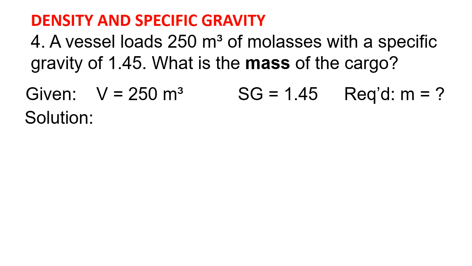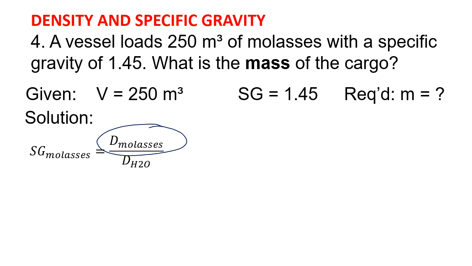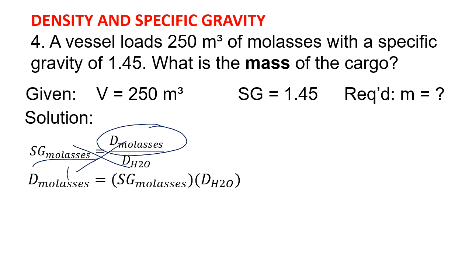First, let us find the density of the molasses using this formula. Again, we transform this formula by making it a goal to find a formula for the density of the molasses. We can do that by cross multiplication. Hence, we get density of the molasses equals specific gravity of the molasses times the density of water.